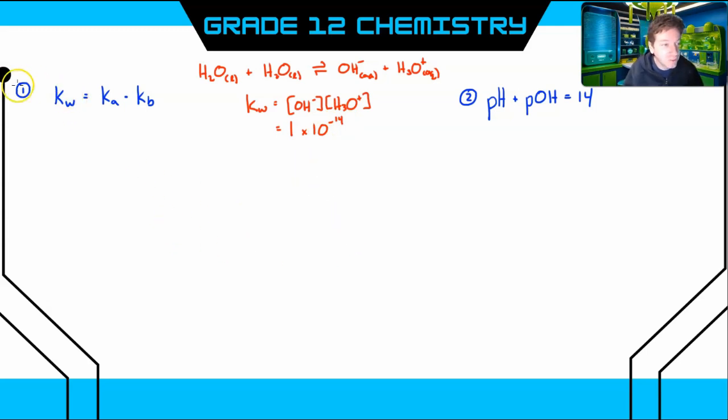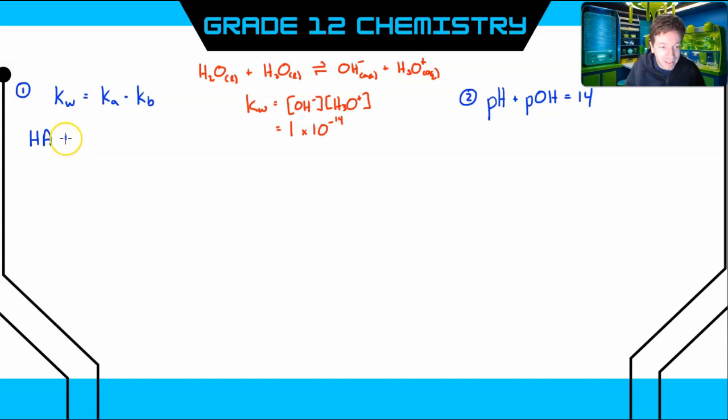Alright, so now let's derive our first equation, where I'm saying that this Kw value is equal to the acid constant times the base constant. So let's start off with an equation for an acid. I'm going to write HA, where A is our acid and H is our ionizable hydrogen.